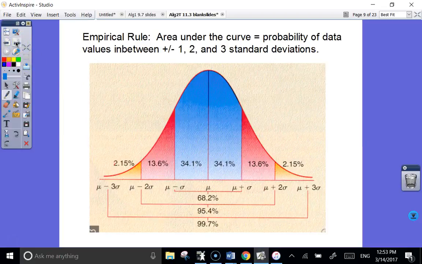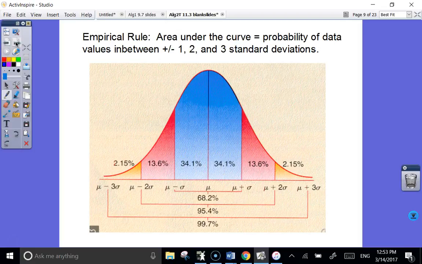So the thing about the bell curve, you can do a little calculus and figure out the area underneath the curve between the different standard deviations to the right and to the left. And they are actually fixed. It doesn't matter what the mean and the standard deviation are. You will always have 68.2% of the data between one standard deviation to the left and one standard deviation to the right.